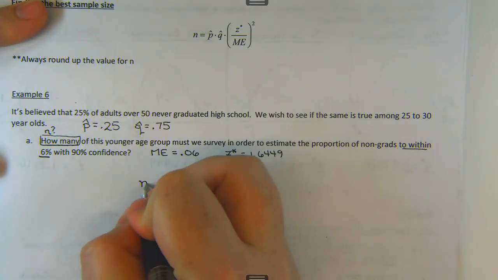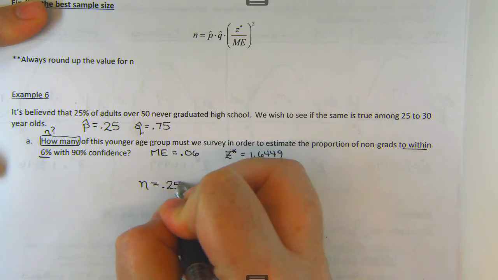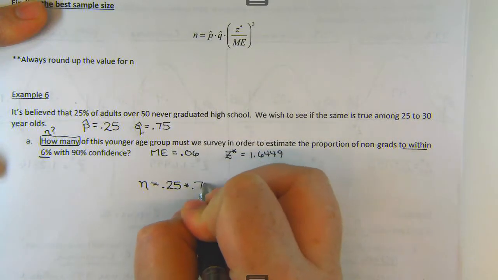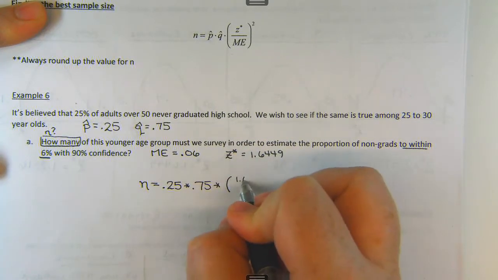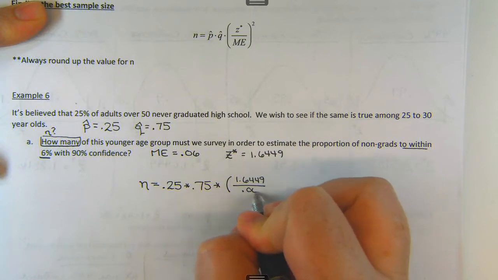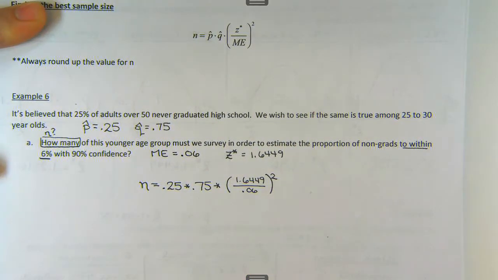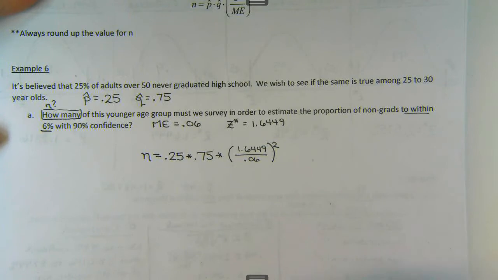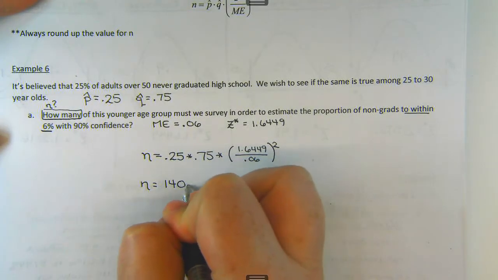So to calculate sample size, we take p hat times q hat times, and then in parentheses, you take that 1.6449, divide that by our margin of error, and square it. So, plugging that into the calculator, you're going to end up with a decimal of 140.92.